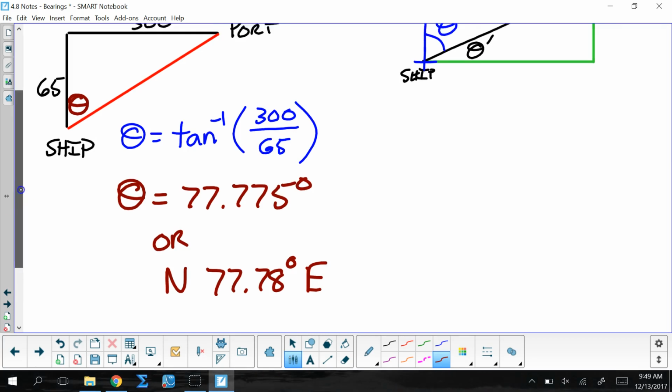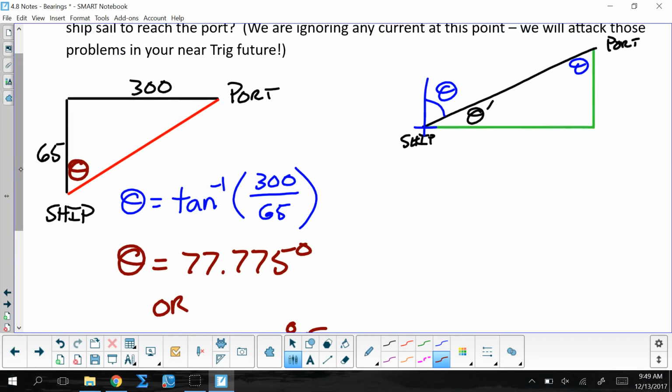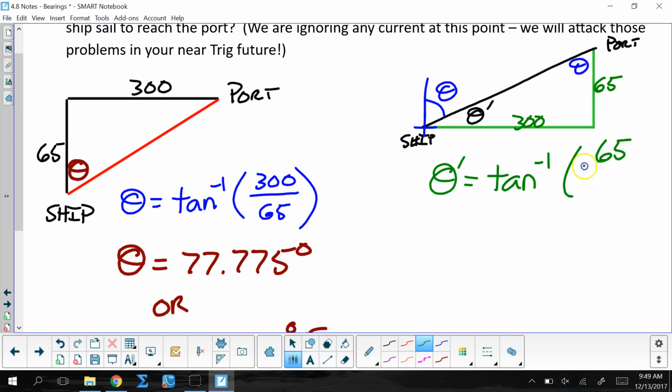If I'm over here, then theta prime is going to be the, oops, I should have put some measurements in here. This would have been 300. This would have been 65. So that would have been the inverse tangent of 65 over 300.